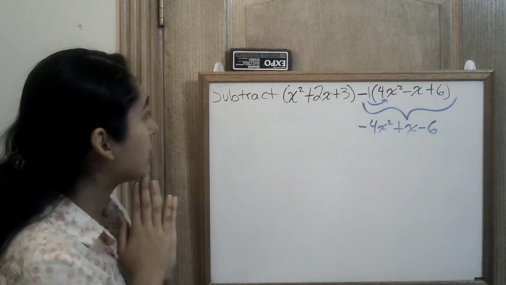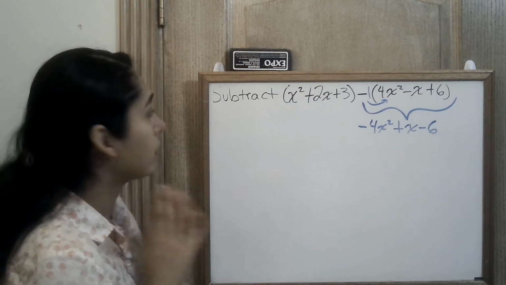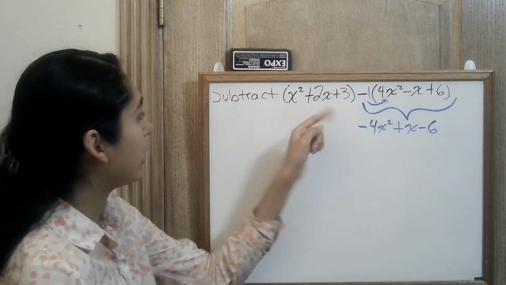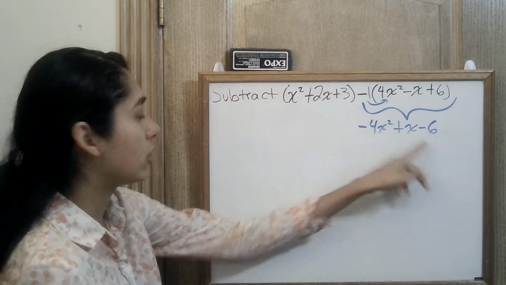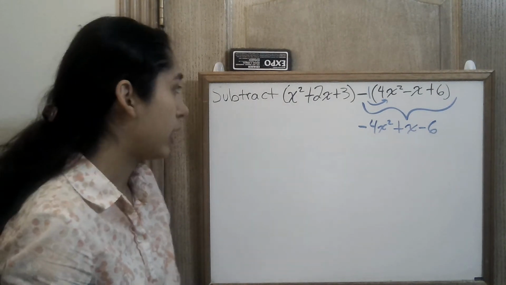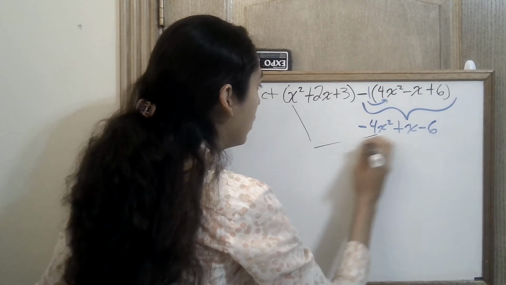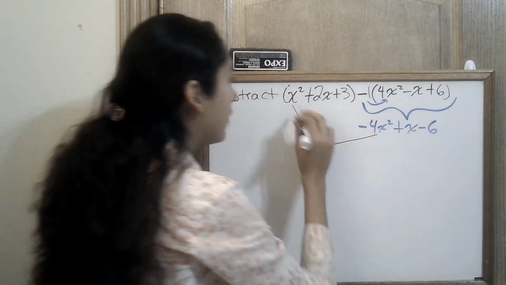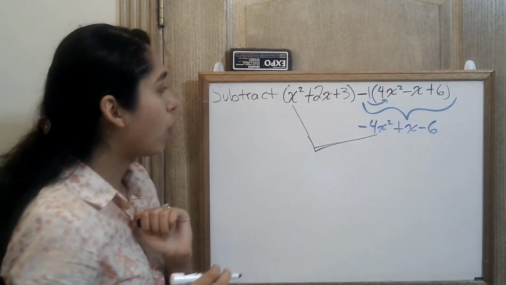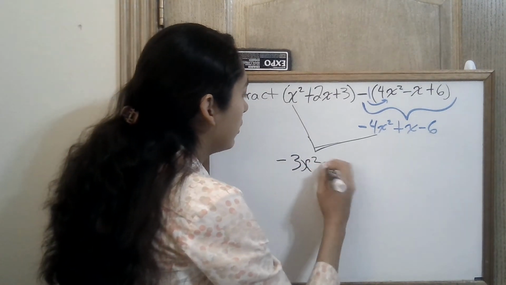Great. And it seems that every single term in both polynomials has a pair. You have x squared, x, and a constant here. Wonderful. Okay, so let's combine these. So we have x squared minus 4x squared. We're going to get negative 3x squared.